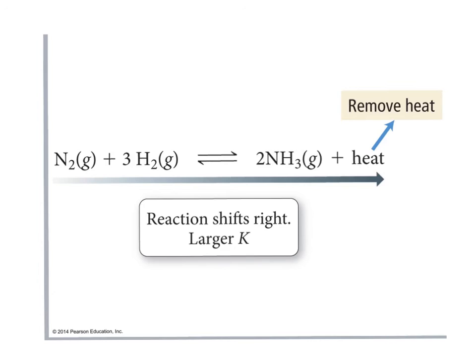In the same way, we can remove heat from the system, and this is actually a technique that's used quite frequently in industrial settings. So if you can remove the heat, then you can shift this equilibrium to the right and get more product.